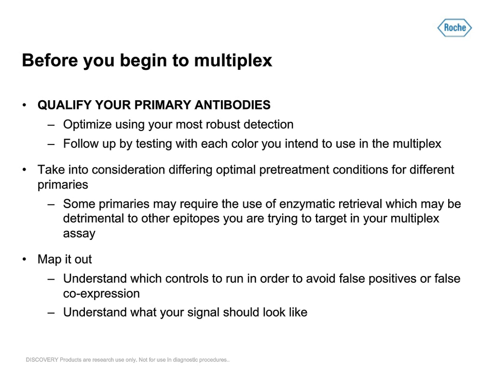So, this signal should look yellow, and I don't expect this antibody to co-localize with this antibody, so I shouldn't see these color co-localizations, that type of thing. When you map it out, it just gives you a heads up of what to expect, what your signal should look like.